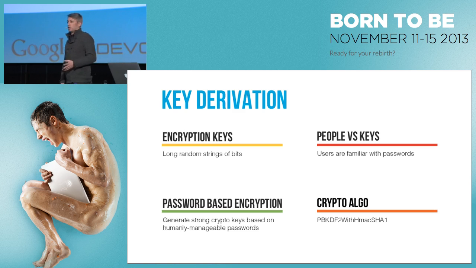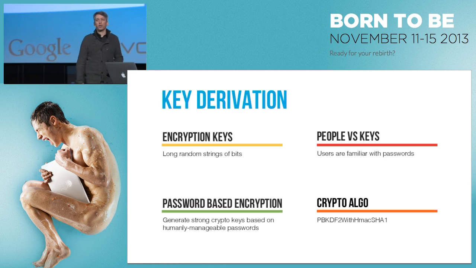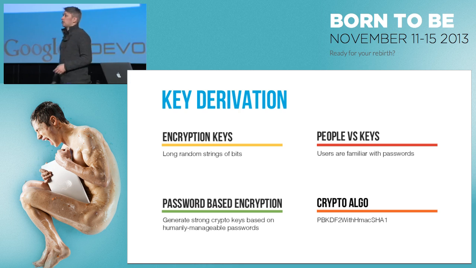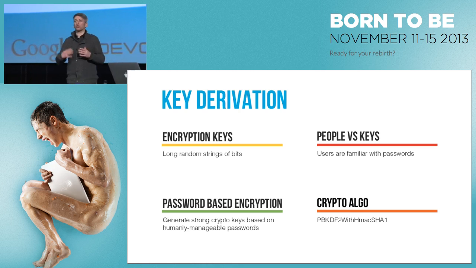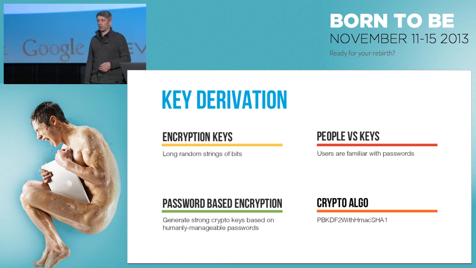That's of course a password. Every user has worked with passwords all the time, so you should try to implement a password-based encryption system so that you generate a strong, good crypto key starting from a password that users can manage.